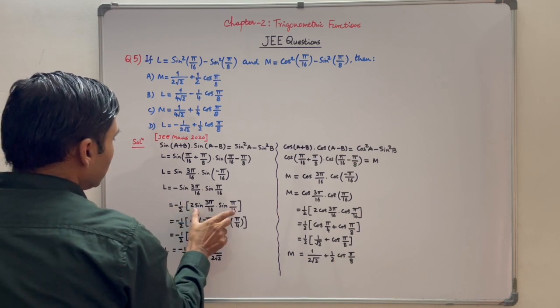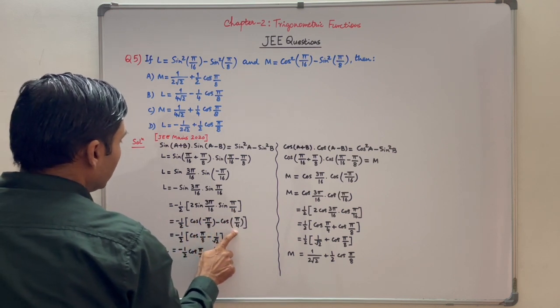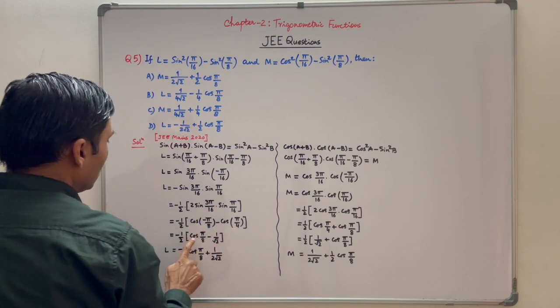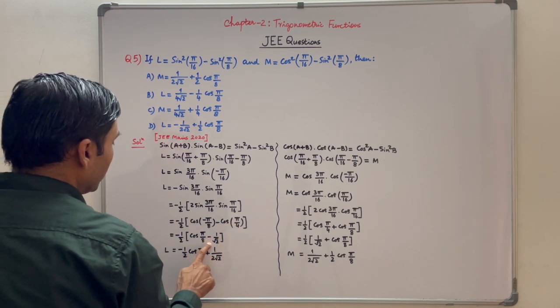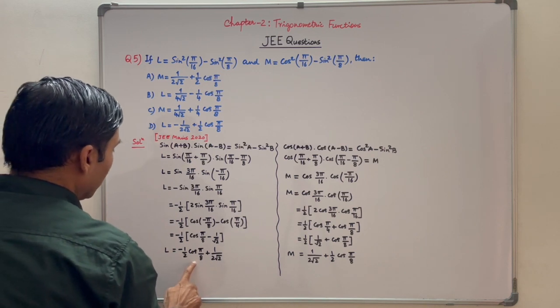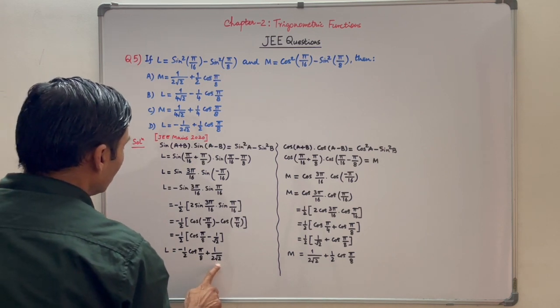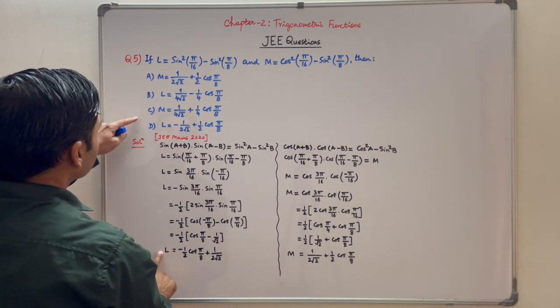And 2 sine A sine B is equal to cos A minus B minus cos A plus B. Cos of minus theta is equal to cos theta. Value of cos pi by 4 is equal to 1 by root 2. So L is equal to minus 1 by 2 cos pi by 8 plus 1 by 2 root 2. Let us try to match with one of these options.